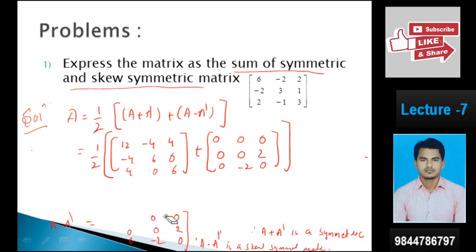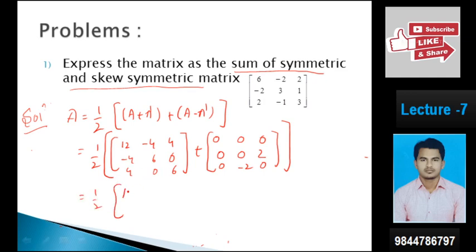I should keep 1 by 2 as it is and add the two matrices. We know the procedure: corresponding elements. 12 plus 0 is 12, minus 4, 4, minus 4, 6, 2, 4, minus 2 and 6.